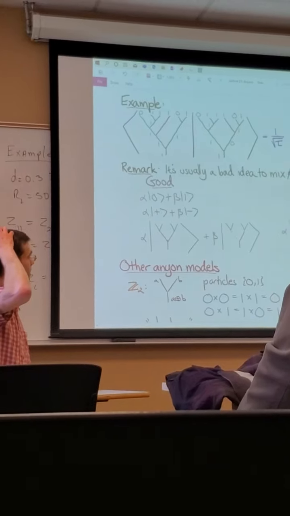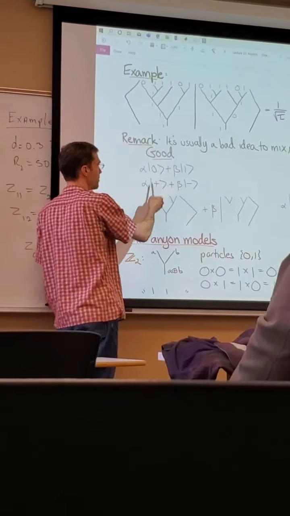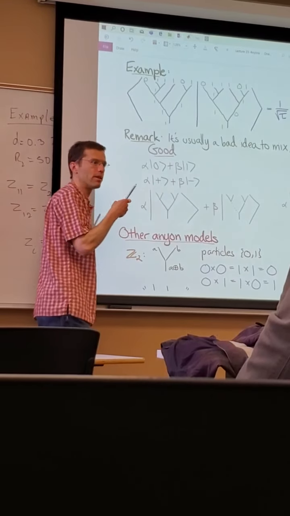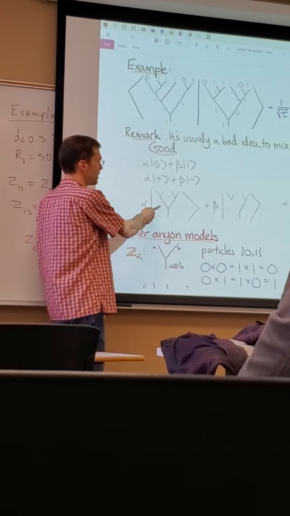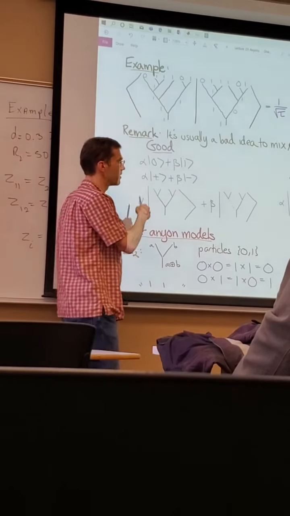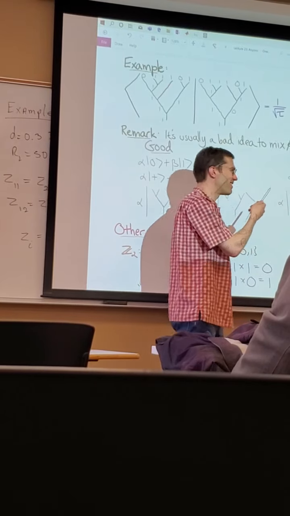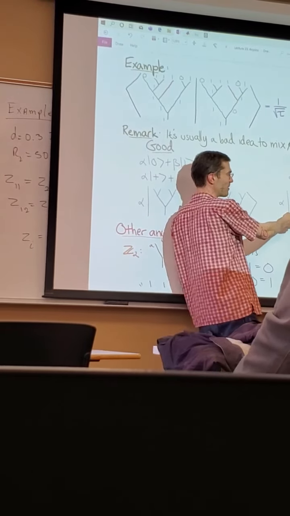Mark, it's usually a bad idea to mix bases. Yeah, just like with qubits. With qubits, you can work in any orthonormal basis you want, like the 0, 1 basis or the plus minus basis or whatever. Everything's fine. The same with here. You can work in this orthonormal basis. That's fine. But you don't want to. That's a bad idea usually. It makes sense, but it's just weird. The same thing's true with the anyons.